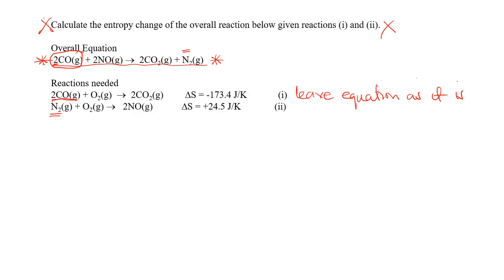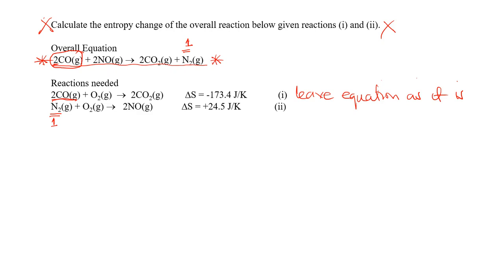We see that we have 1 nitrogen atom here in the overall chemical equation. Also, we have 1 nitrogen molecule here in equation 2. So we are not going to change the number of nitrogen atoms in equation 2.